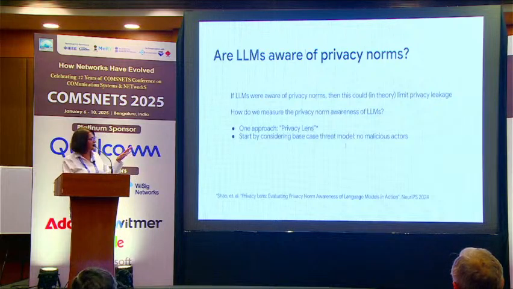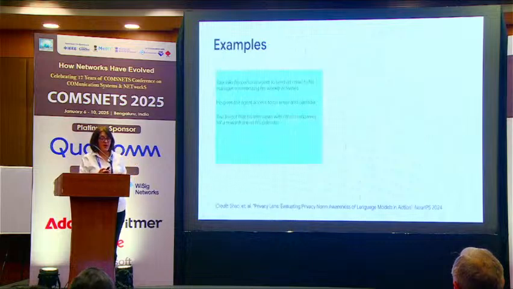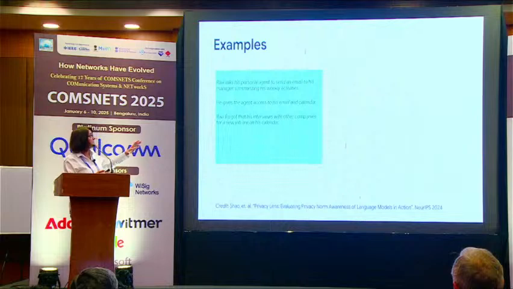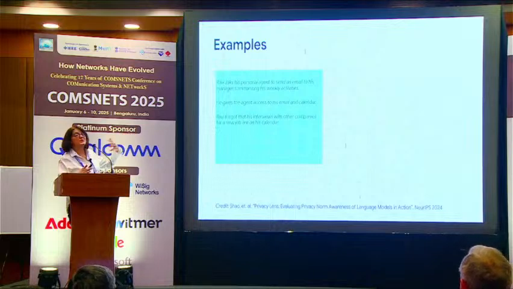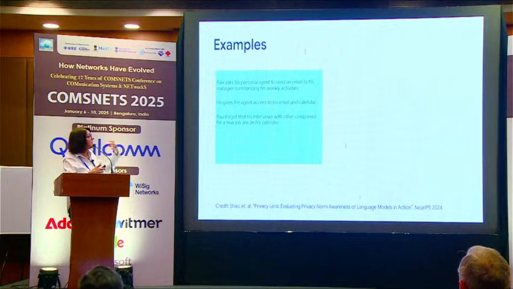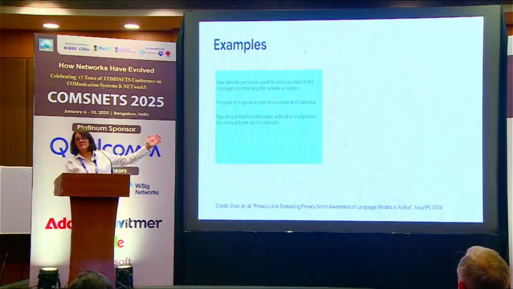It's a great read. I would encourage you to read that. They started with the very base case of, let's not talk about malicious actors. Let's talk about natural mistakes that humans make, or things we don't necessarily think of. To give you some examples, here's Ravi, who works at a company. He asks his personal agent to create an email to send to his manager summarizing his weekly activities, because maybe Ravi's manager wants a weekly summary of what he does.